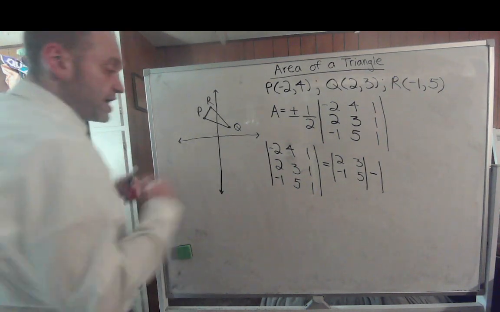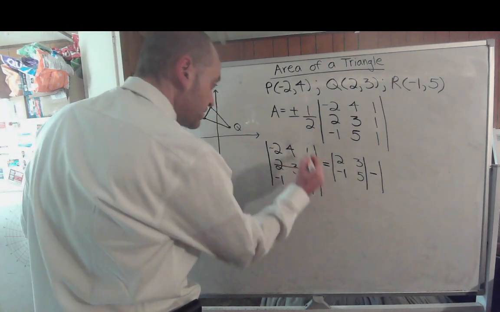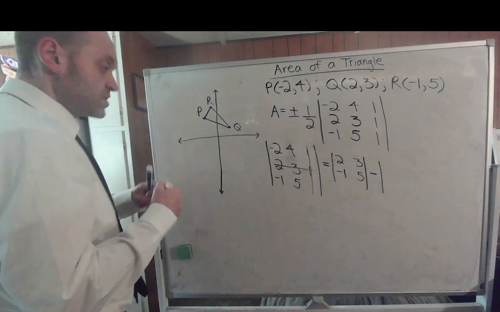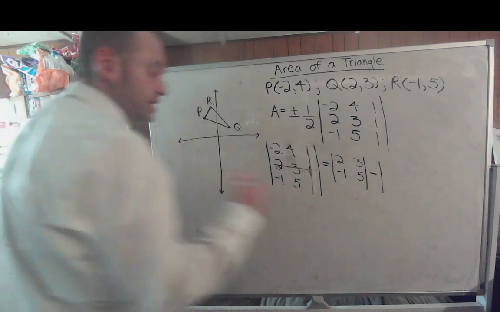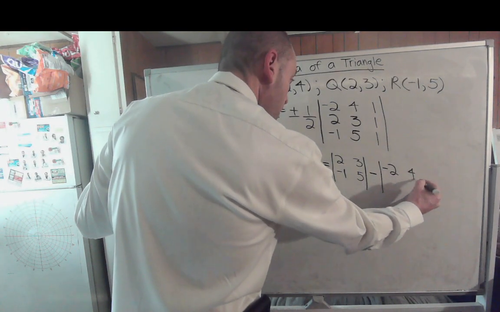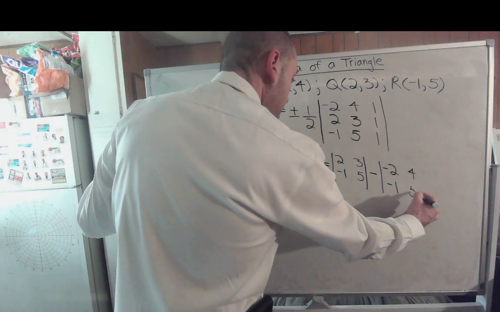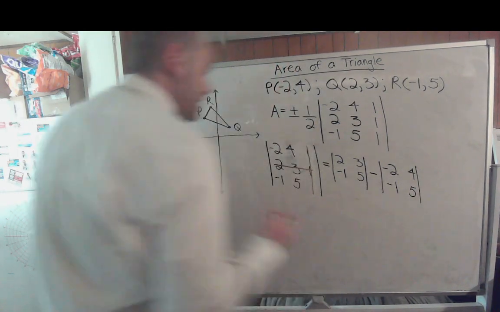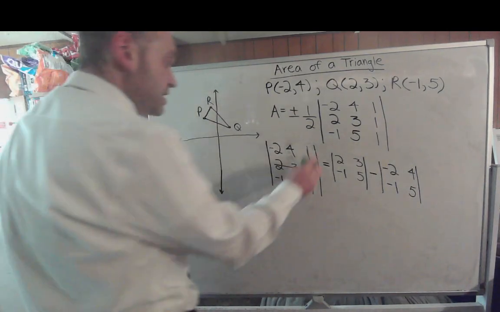When we strike out the row and the column in which that 1 occurs, the resulting determinant is a 2 by 2 with -2, 4, -1, and 5.